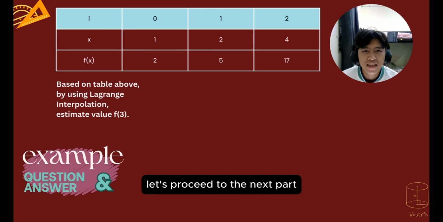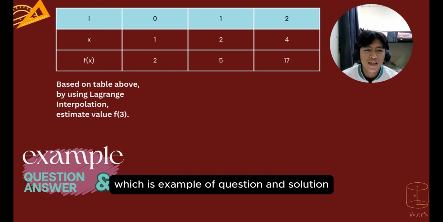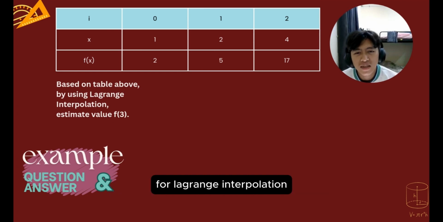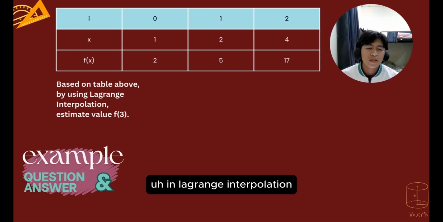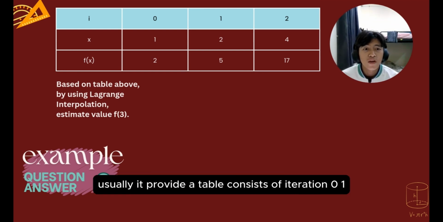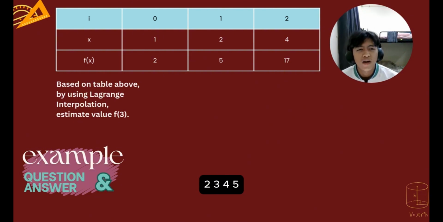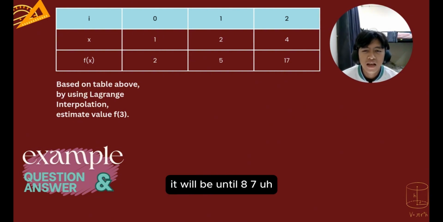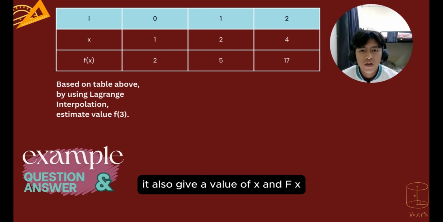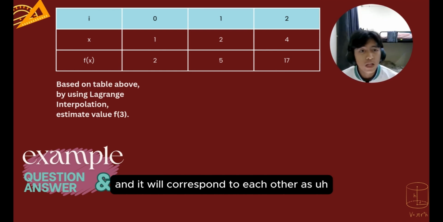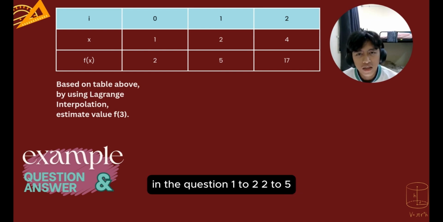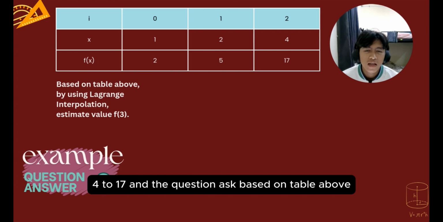Okay, let's proceed to the next part, which is an example of a question and solution for Lagrange interpolation. In Lagrange interpolation, usually a table is provided with iterations 0, 1, 2, 3, 4, 5, up to 8, 7. It also gives values of x and f(x), which correspond to each other: in the question 1 to 2, 2 to 5, 4 to 17.